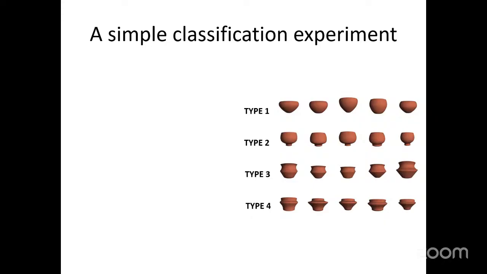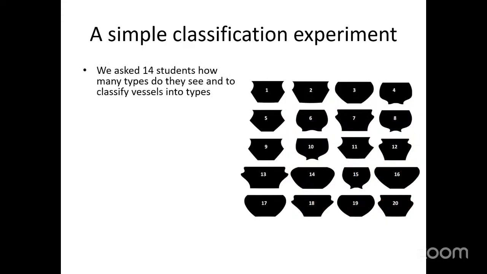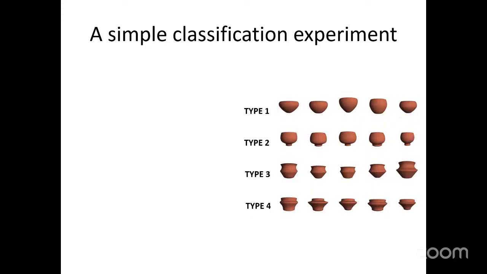Okay, a simple classification experiment. You can see here, these are 4 types of vessels. There are 4 syntactical types. The specimens within a type all have the same syntax, but different proportion and size. But you can easily recognize that these are 4 types when it comes to the syntax of the vessel.